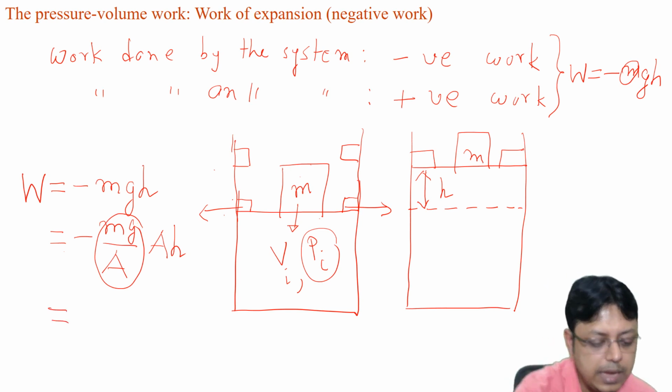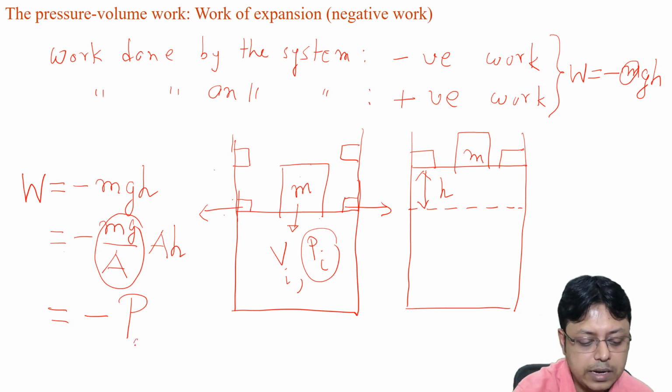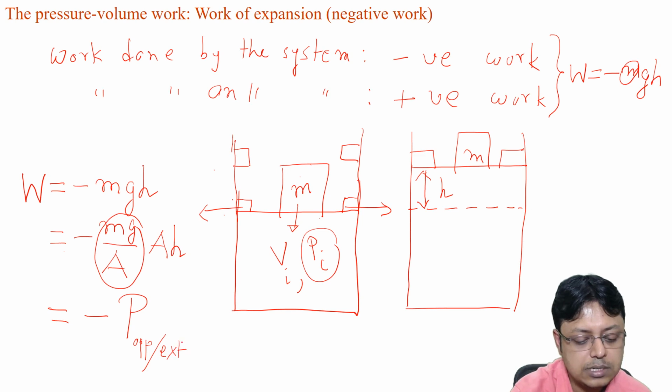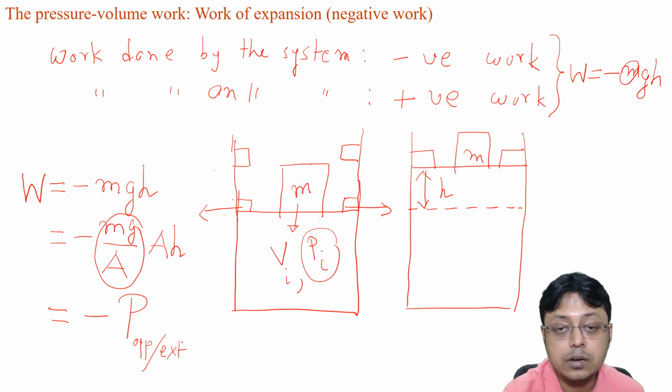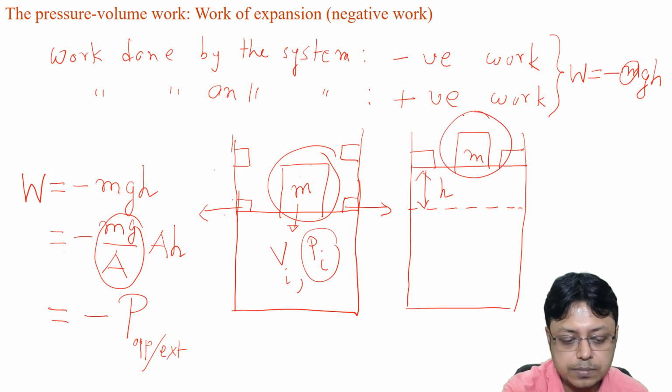So mg by A is the pressure. In this case, this is nothing but the opposing pressure or external pressure. So instead of writing it as P, we'll write it as P opposing, or sometimes P ext, which means it's an external pressure. This is not the pressure of the system or the pressure of the gas. This is the pressure created by this mass on the system.